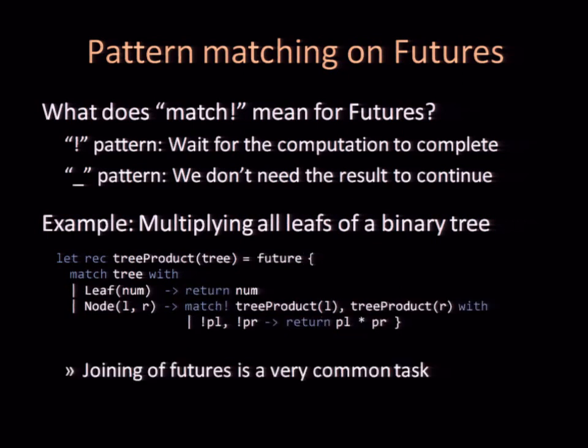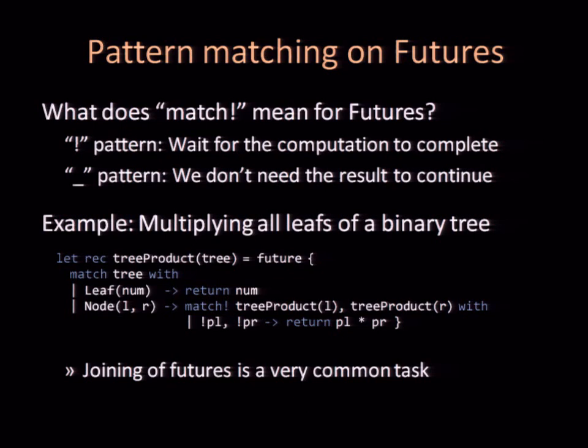If you wanted to do this in parallel, you could implement something like future computation expression and provide the match implementation that starts these two computations in parallel. And then you can use this joining pattern to wait for both of the results to complete.